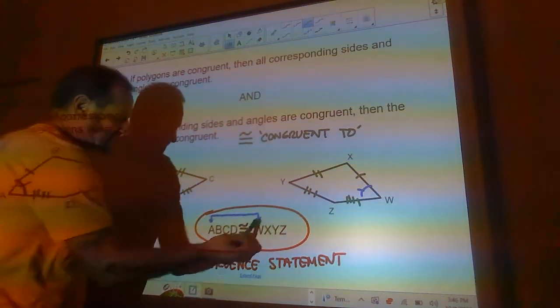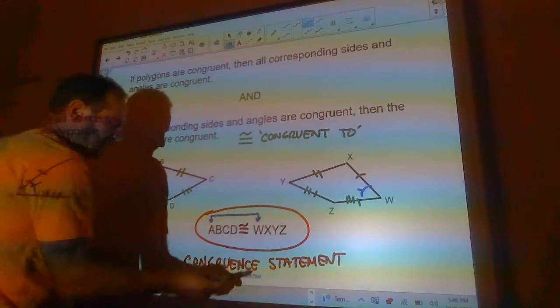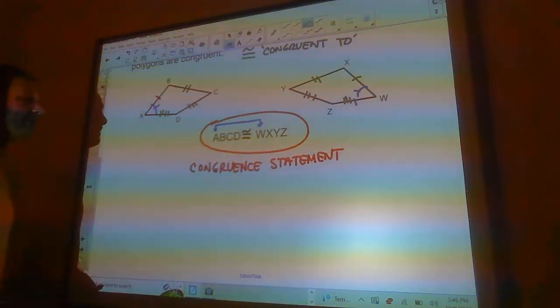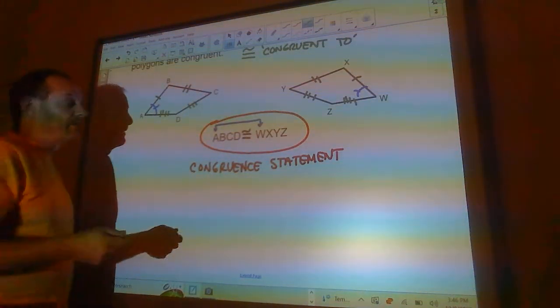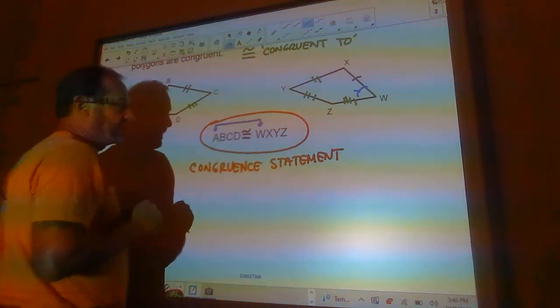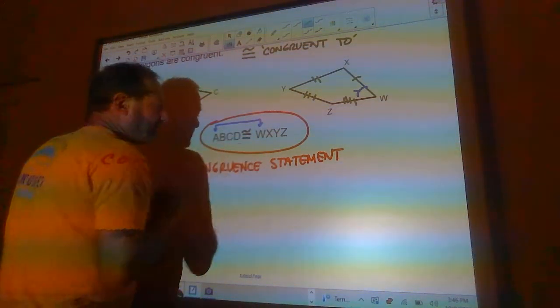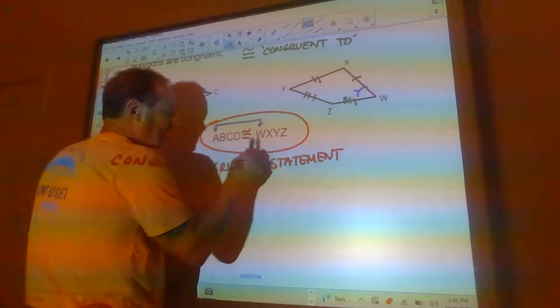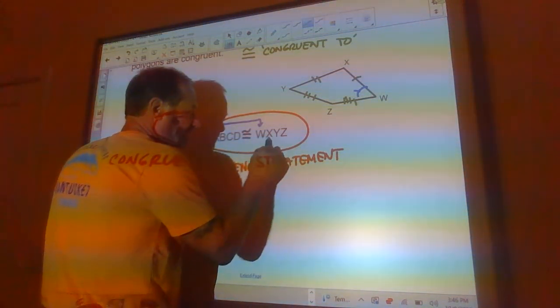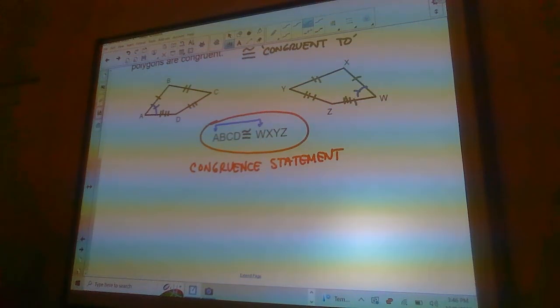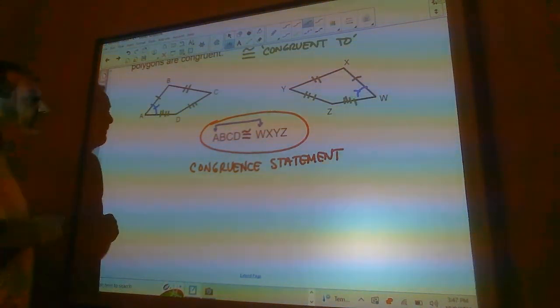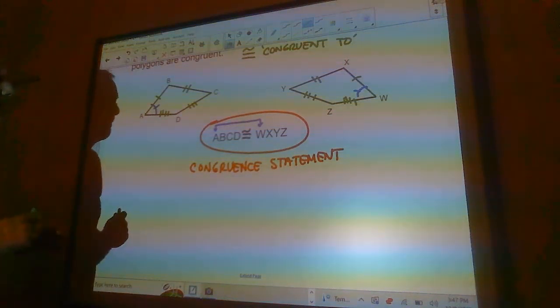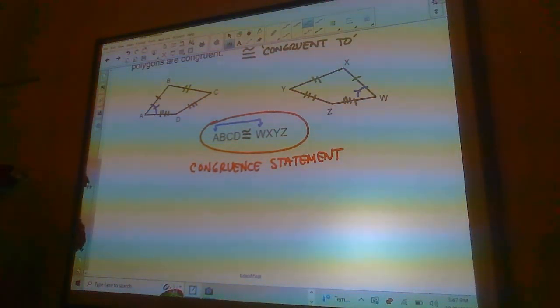So if I just had this statement and nothing else, I could tell a lot of things about these. I know that angle A is equal to angle W. I know that angle B is equal to angle X, and so on. I know that segment BC is equal in length to segment XY, and so on. So you match up the corresponding parts when you write the congruent statement.